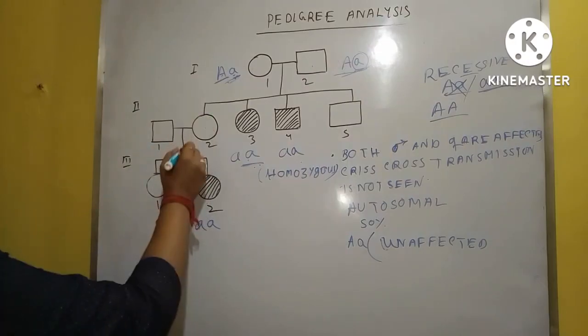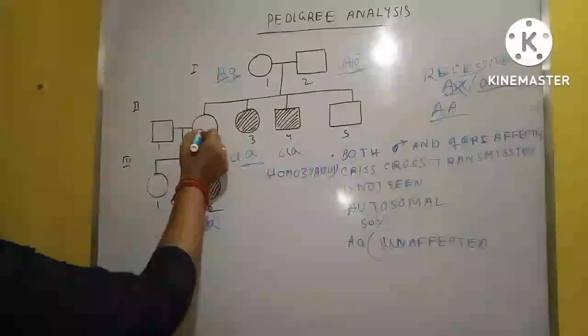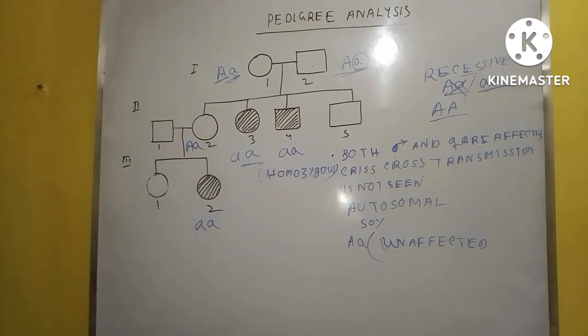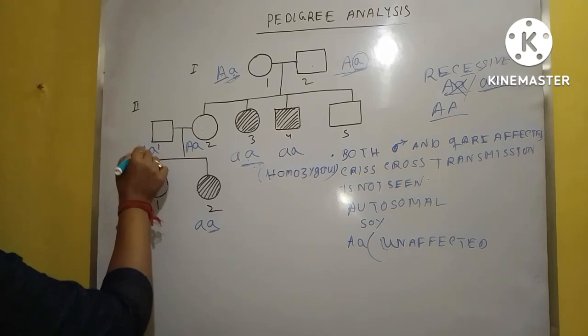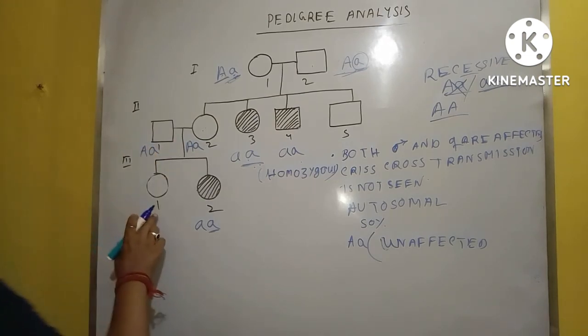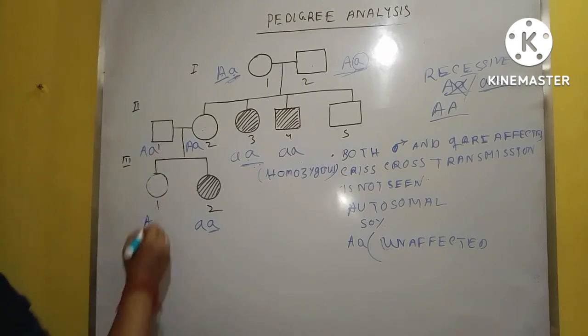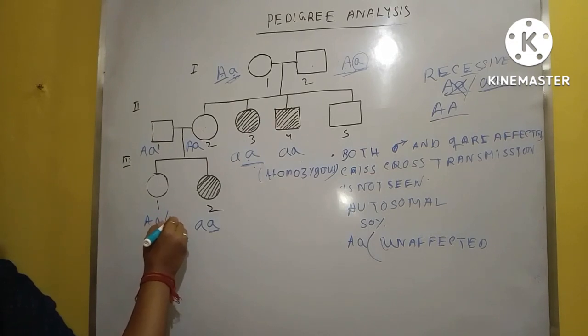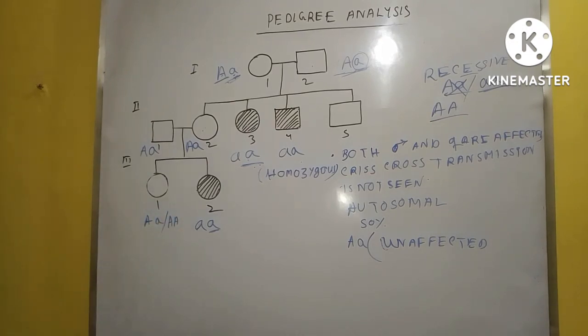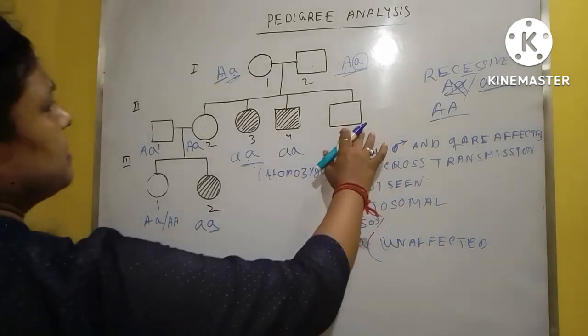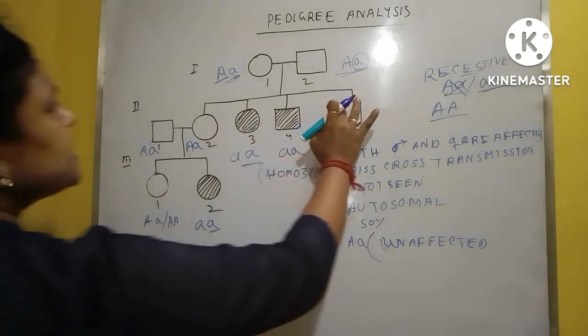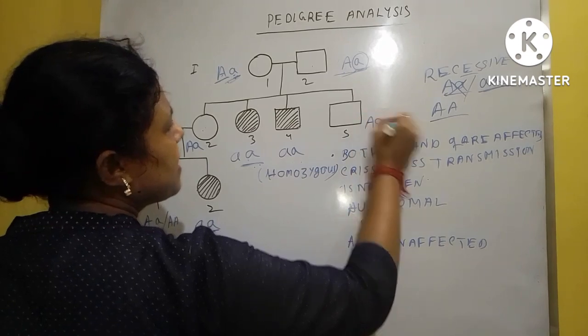Here you can understand properly. This one is unaffected, which means one capital A is there, and the other a comes from the father, so one small a and one capital A. In the case of this one, we cannot properly identify its genotype, whether it is AA or Aa. If we follow its next generation, then we can say confidently which it is.